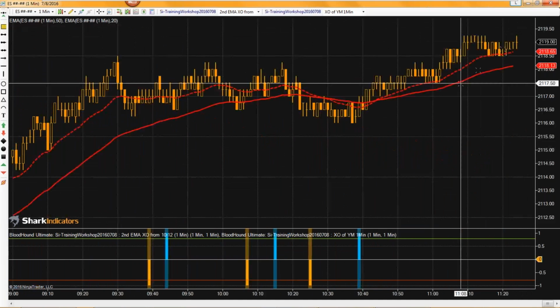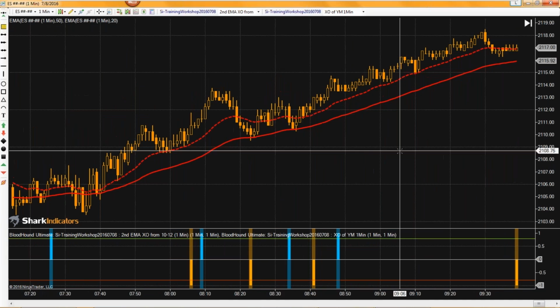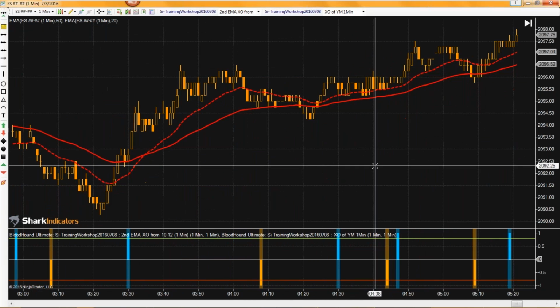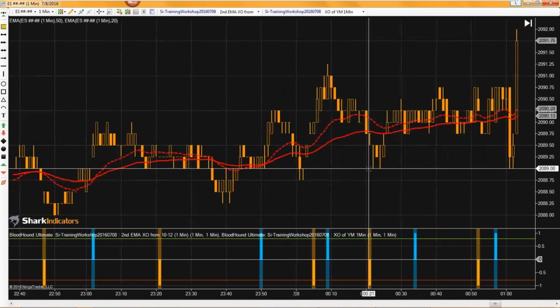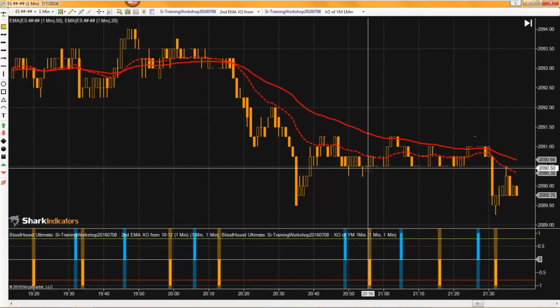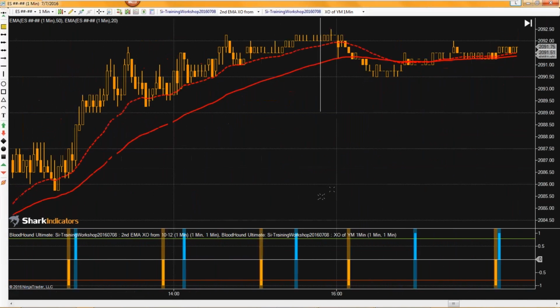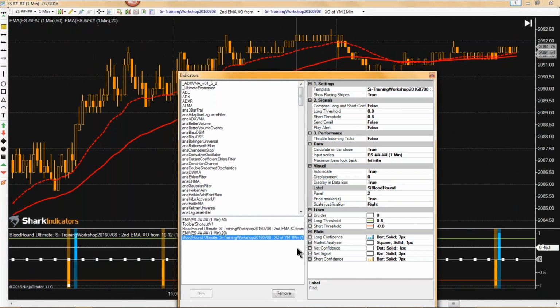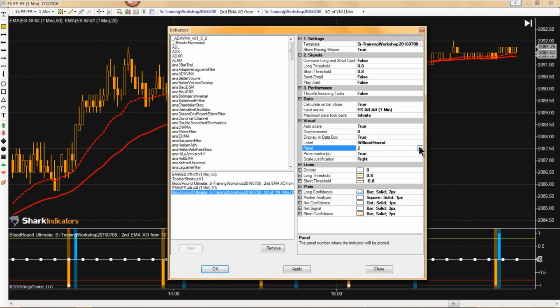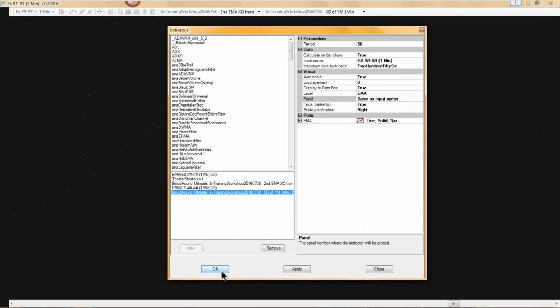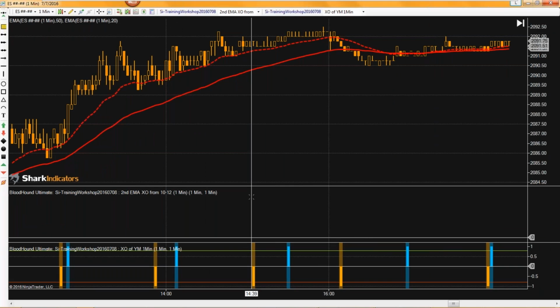Let's see. I did something here. I'm not noticing what I did to the first BloodHound. Yeah, that's kind of strange. Let's put the second BloodHound on a new panel and see what happens.